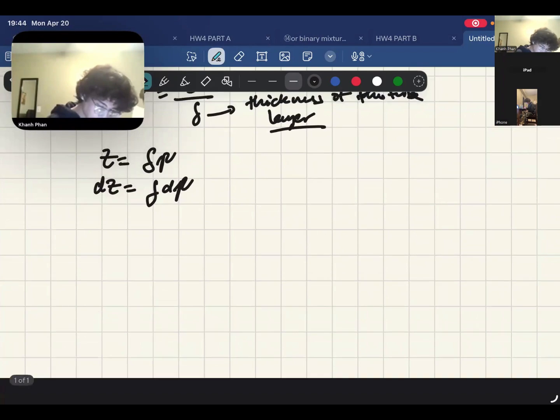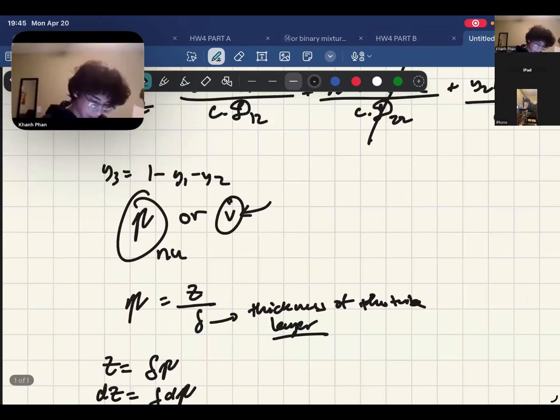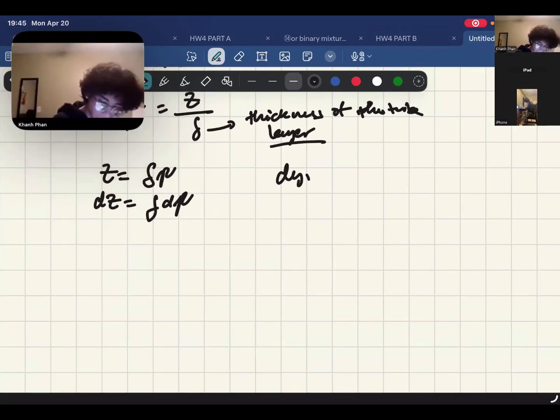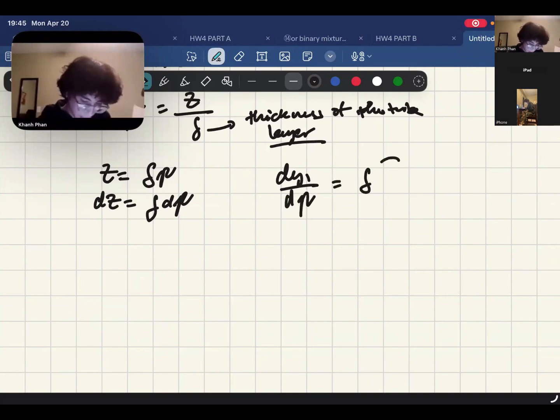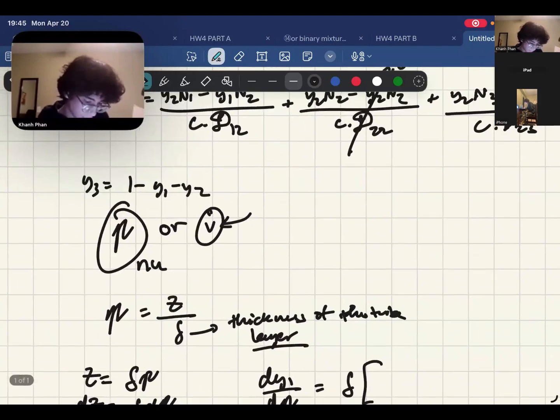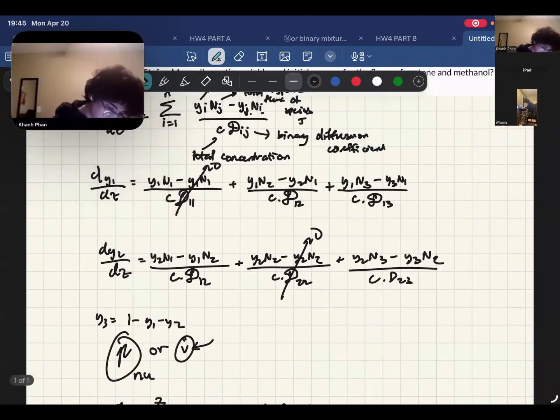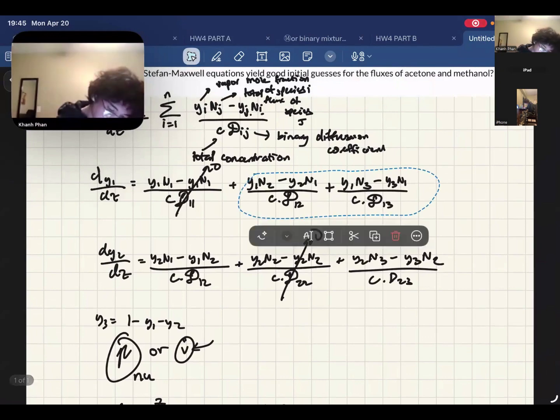For example, let's do dy1 over dz, which is now d nu, and then I'm just going to move theta to the other side. So we'd have theta times, again, I'm gonna copy this down here so I don't have to rewrite that.